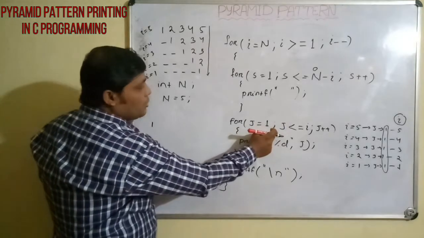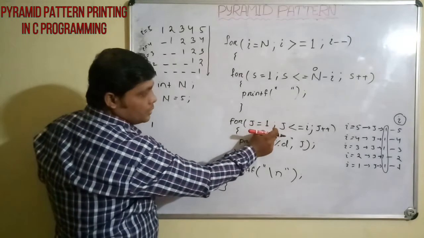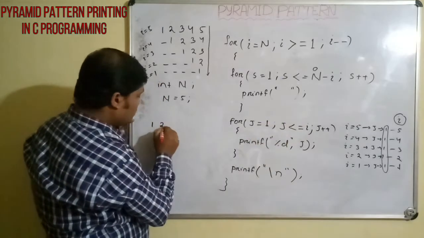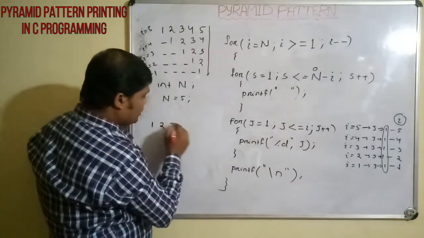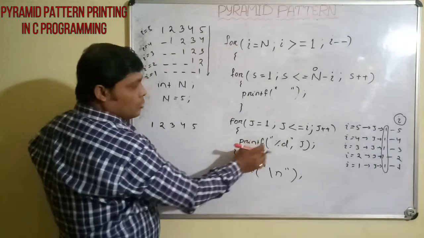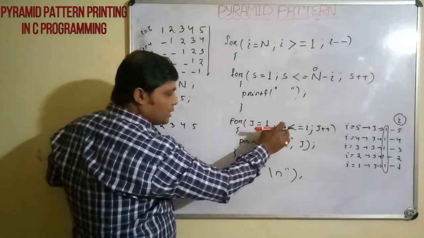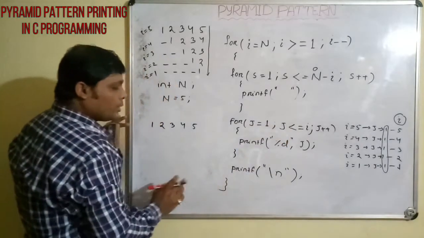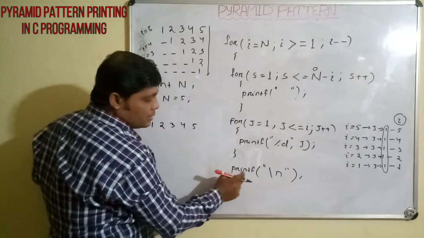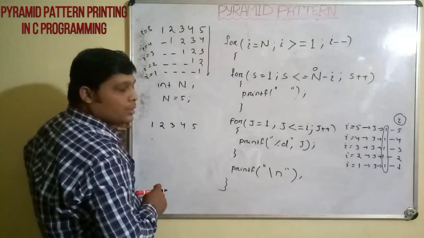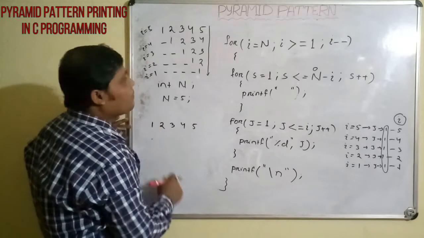Then j value will be 2; 2 less than equal to 5, yes, it will print 2. Then j value is 3, it will print 3, 4, 5 like this. When j value is 5, it will print 5. When j value will be 6, it will go out of this loop. Then printf backslash n, so it will go to the next line. Here the cursor will go to the next line.